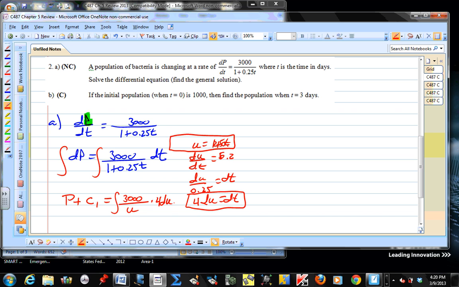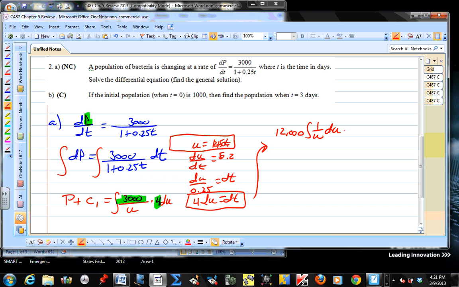Well, now the next move would be to take this constant 3,000 out in front of the integral, and also take out the 4. That's 4 times 3,000, which is going to leave us with 12,000 out in front of the integral, times the integral of 1 over u du.